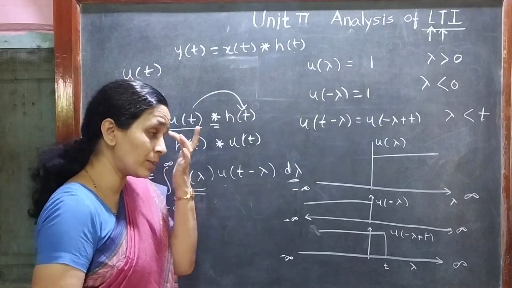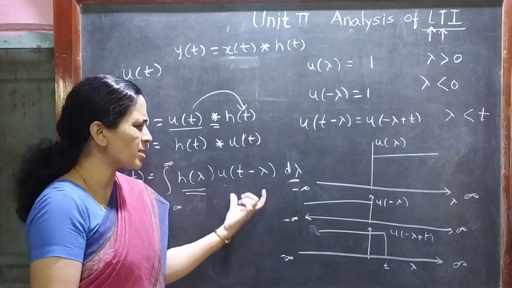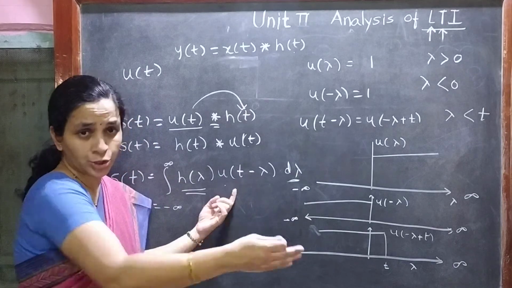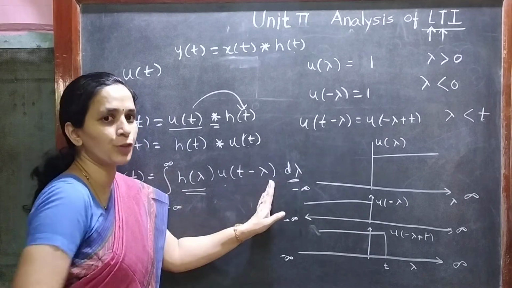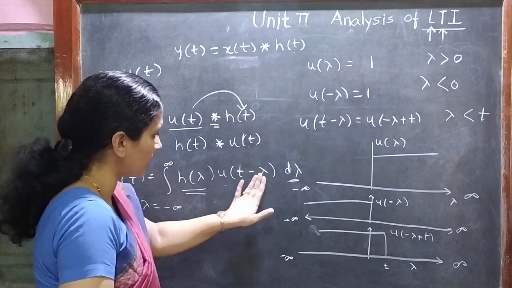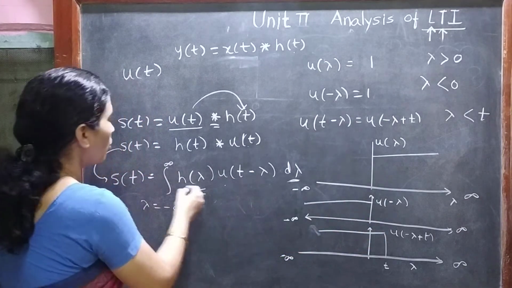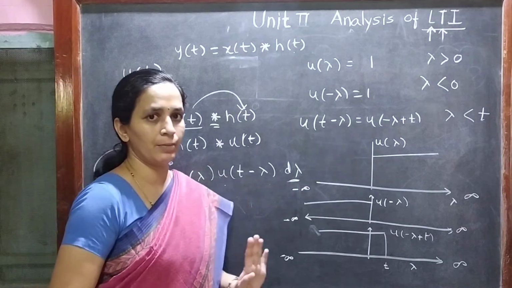But right now we are just following the commutative law to understand this. Why? Because it becomes easy to shift and scale the unit step signal, hence I have used the unit step signal in the shifted form. Both ways are correct, but it makes it mathematically easier to shift the unit step signal. So, the integral from minus infinity to infinity of h of lambda u of t minus lambda d lambda, right?